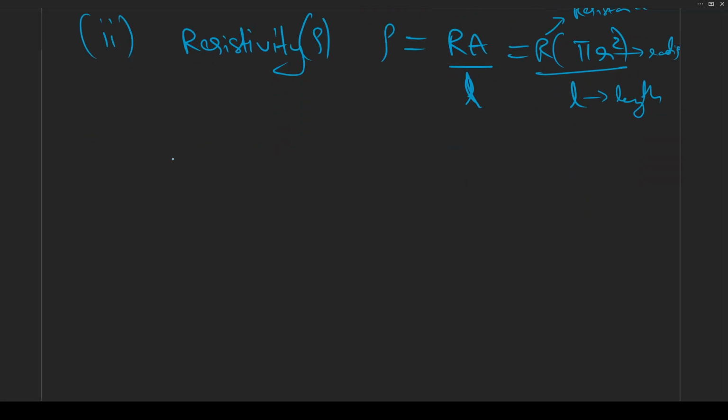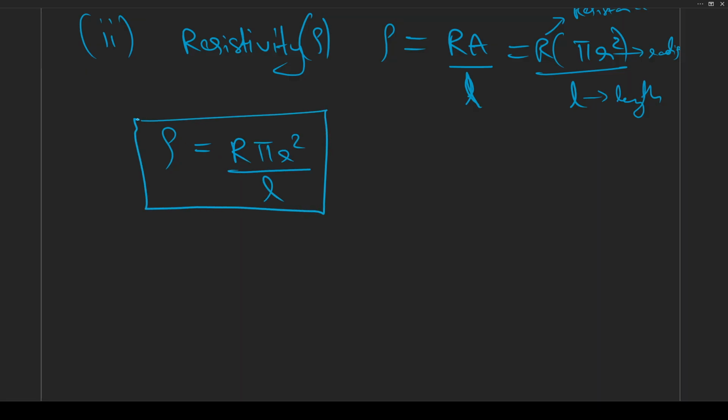As for how we got this formula, rho equals R pi r square by L: pi r square is basically the area of a circle, the area of cross section of the wire.